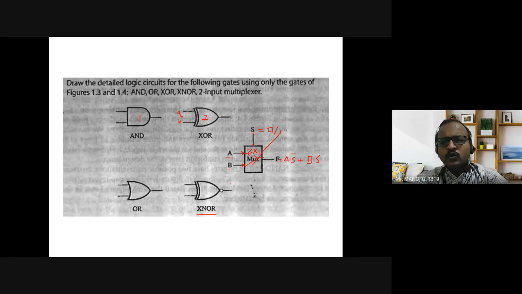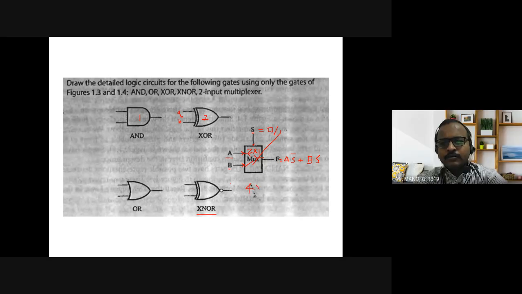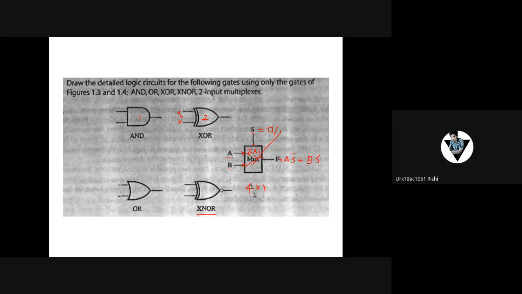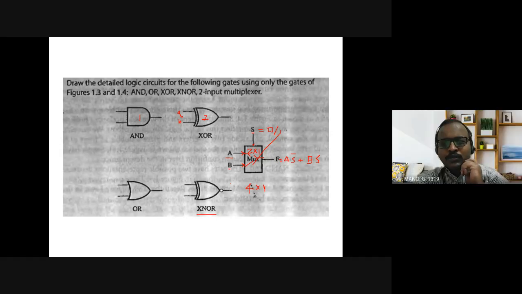Rishi, if I want to make a 4 cross 1 mux, how many select lines will be there? Your voice is breaking, Rishi, for me. Two select lines, sir.